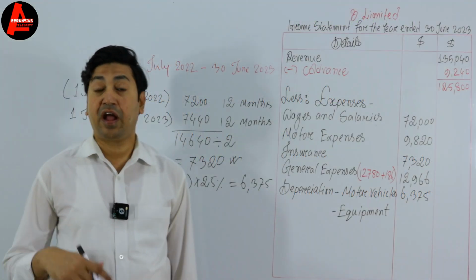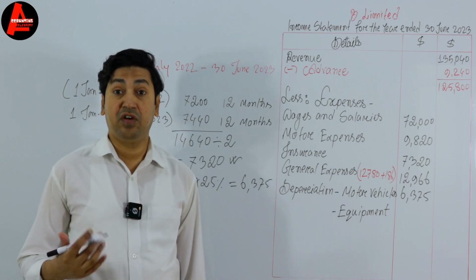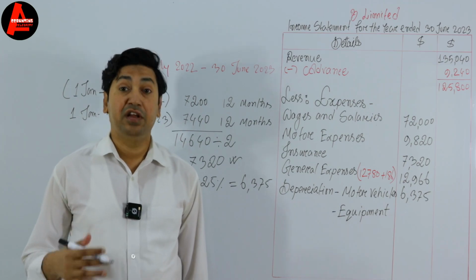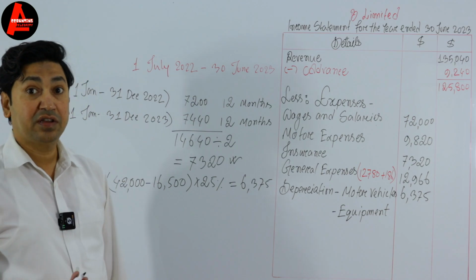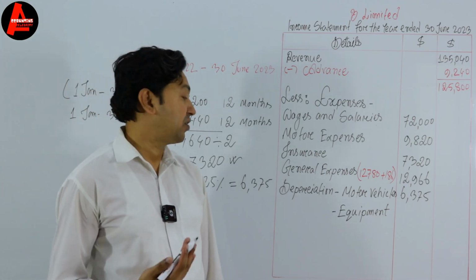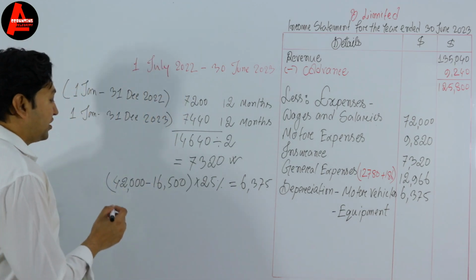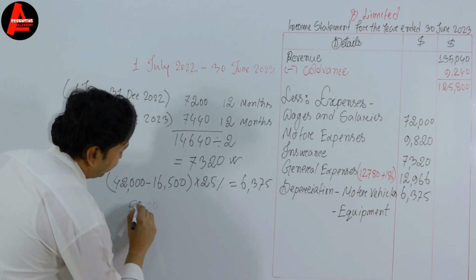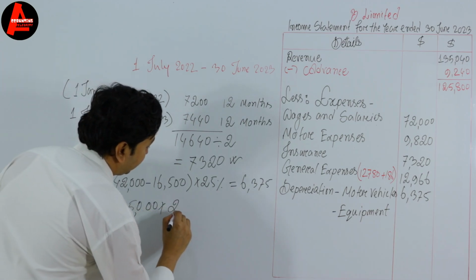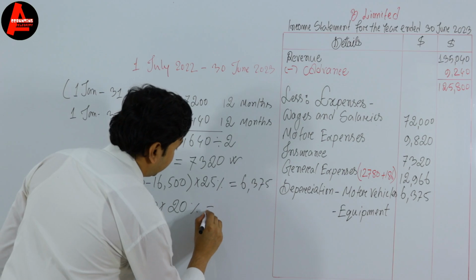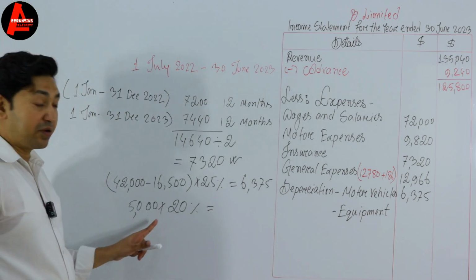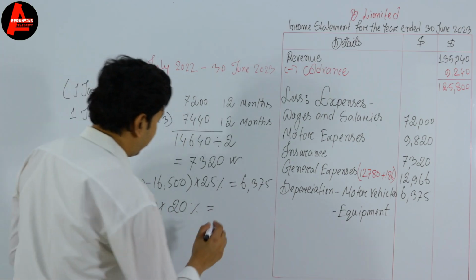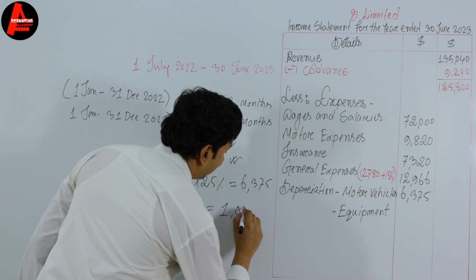We don't have to think about net book value or previous year depreciation. Directly we will multiply the rate by the cost price. Okay, so here cost price is $5,000 and the rate of depreciation is 20%. Okay, so if we multiply this, we get here $1,000.